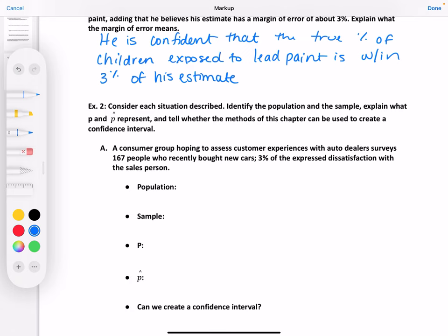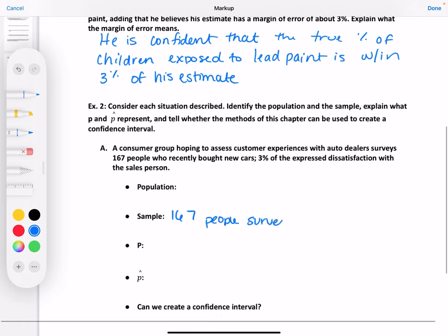So the population, would that be the 167 people? The sample would be that. So your sample is 167 people surveyed. But basically, who did they survey? Like, what would the generic group of people be? The people who bought the cars. Yeah, so all people who recently bought a new car.